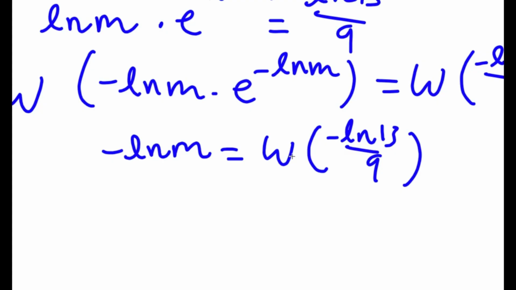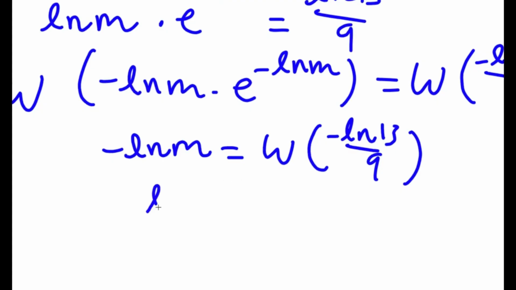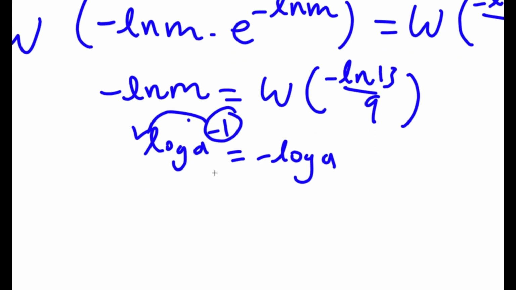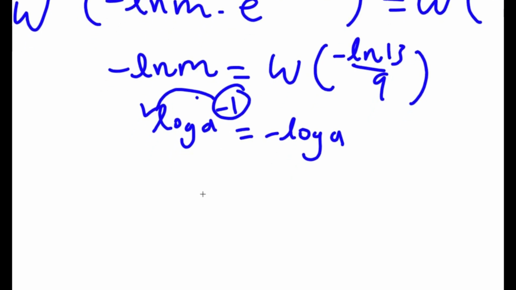And now if I have something in the form log a to the power of negative 1, this is equal to negative log a, because I can move my exponent to the front. So this negative I can move to the front.